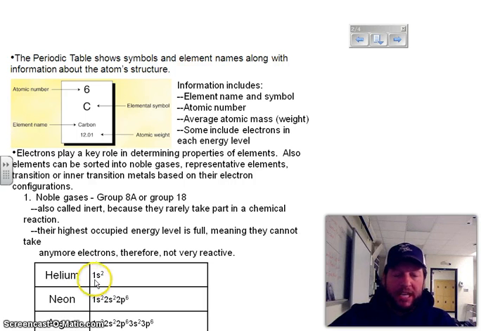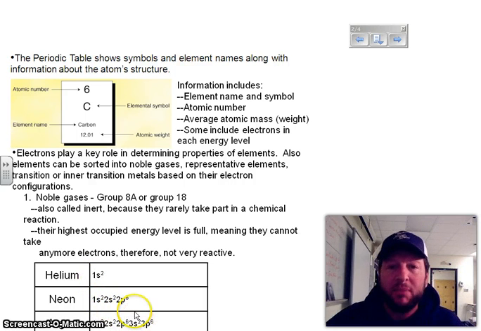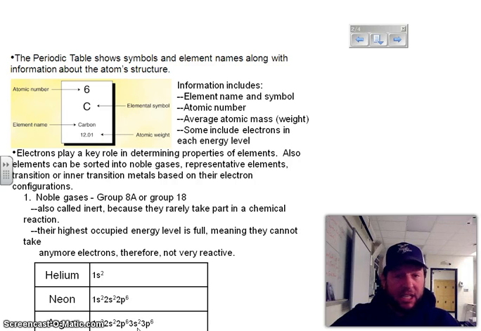The main numbers, the 1, the 2, and the 3, are the principal energy levels. Remember, within each energy level there are sub-energy levels like we talked about in day 1 notes. Notice, except for helium, the last 2 numbers equal 8. Every element in the noble gases, except for helium, will have 8 in its outer shell. That means it's full.